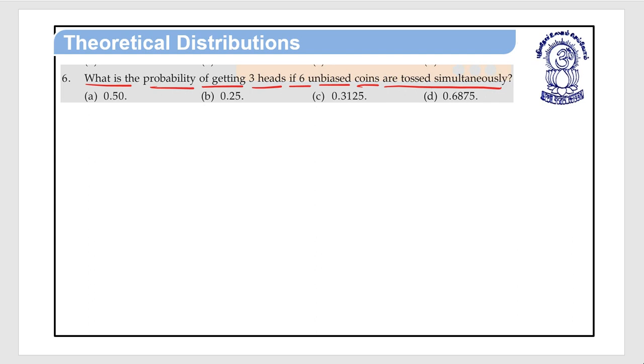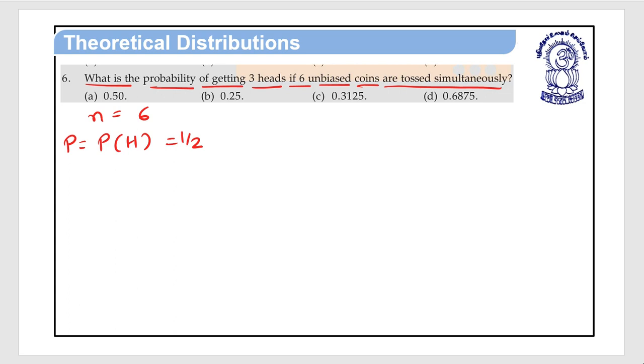So here n is equal to 6. p is equal to the probability of head, which is 1 by 2, since a coin has two sides.